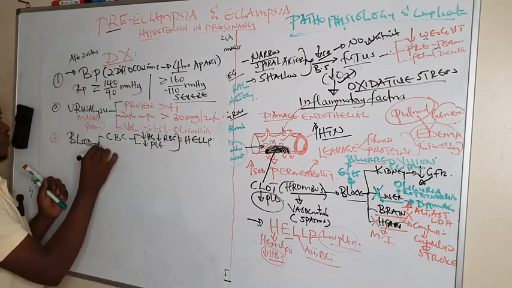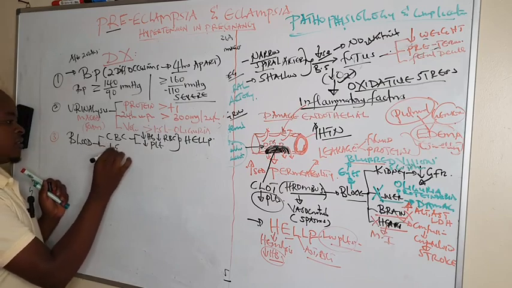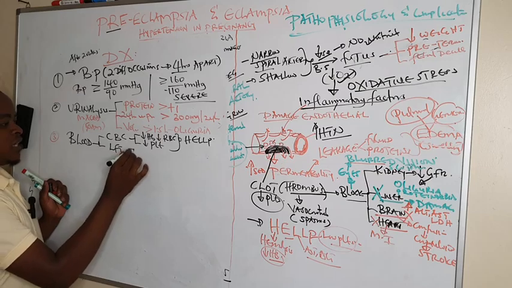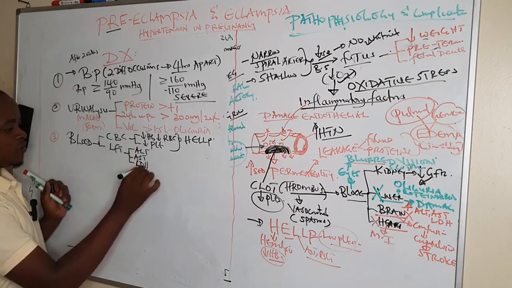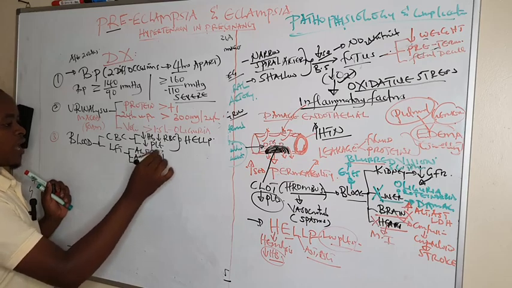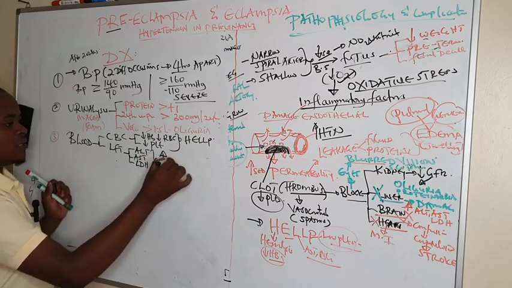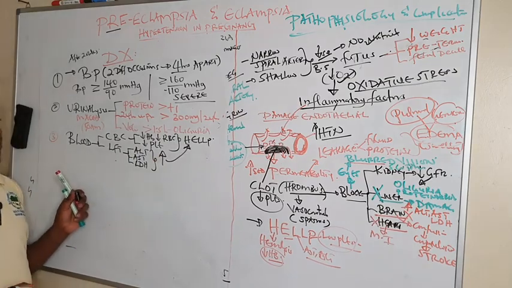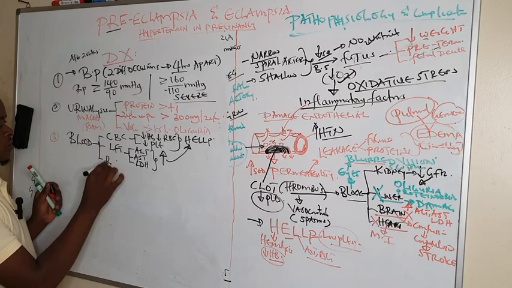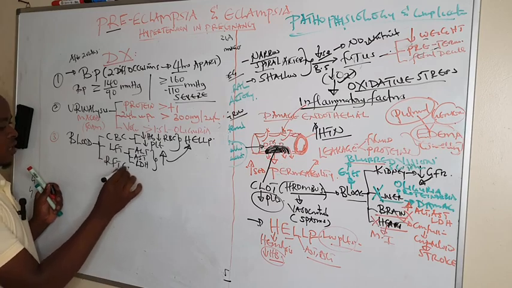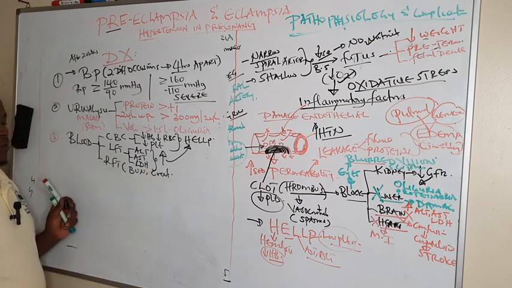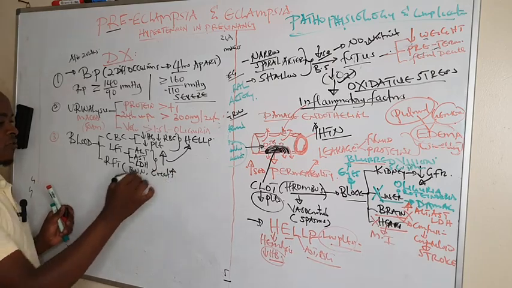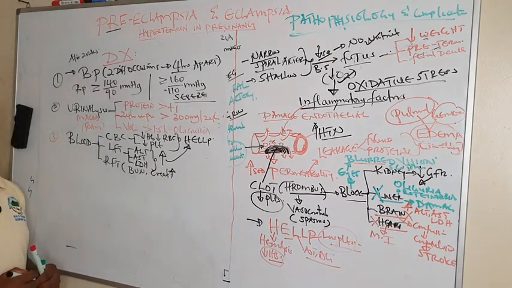Then you can also do LFTs, liver function tests, where you are interested in ALT and AST. Maybe together you can add LDH. If they are elevated, it means there is still HELLP syndrome. You can also do renal function tests, where you look at BUN, blood urea nitrogen, and the creatinine. If they are elevated, they still confirm kidney damage.